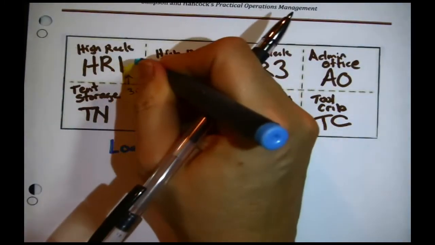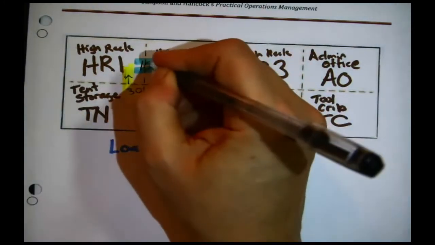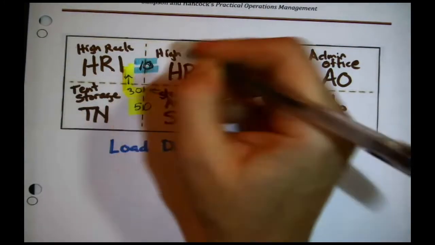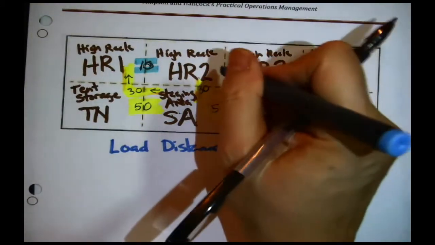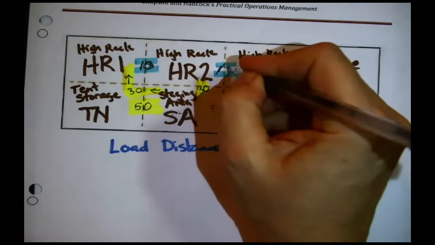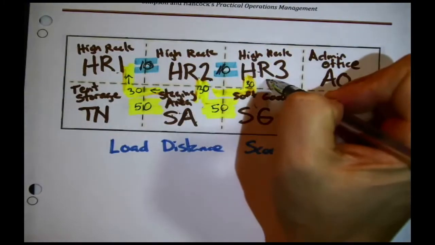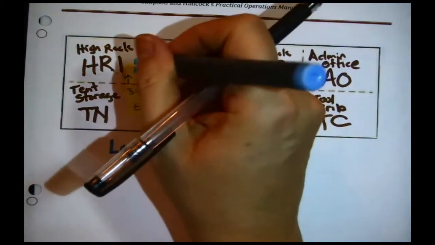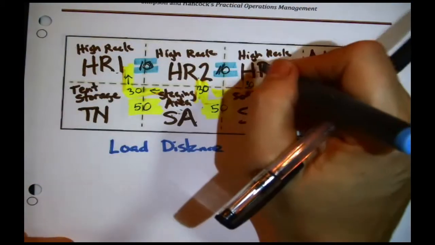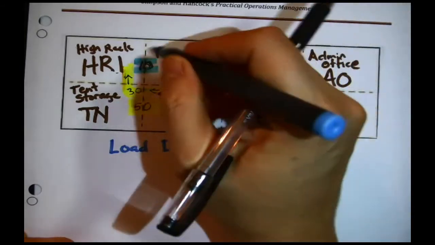For instance, from here to here, between high rack 1 and high rack 2, we know that there's 10 tons moving monthly. From here to here, 10 tons moving monthly. And actually, wait a minute, from here to here. Oh, so I could draw a route that's like all the way straight through here. I'm not going to do that only because I don't want to mess up the label.